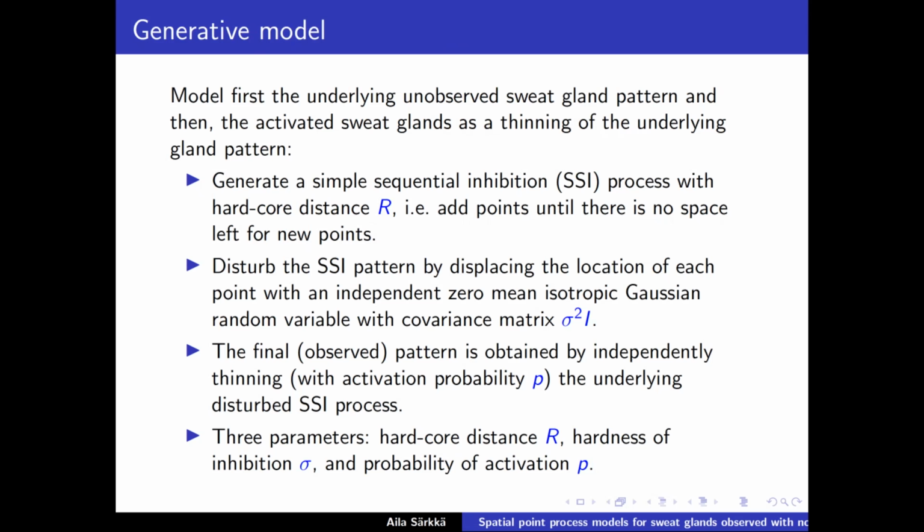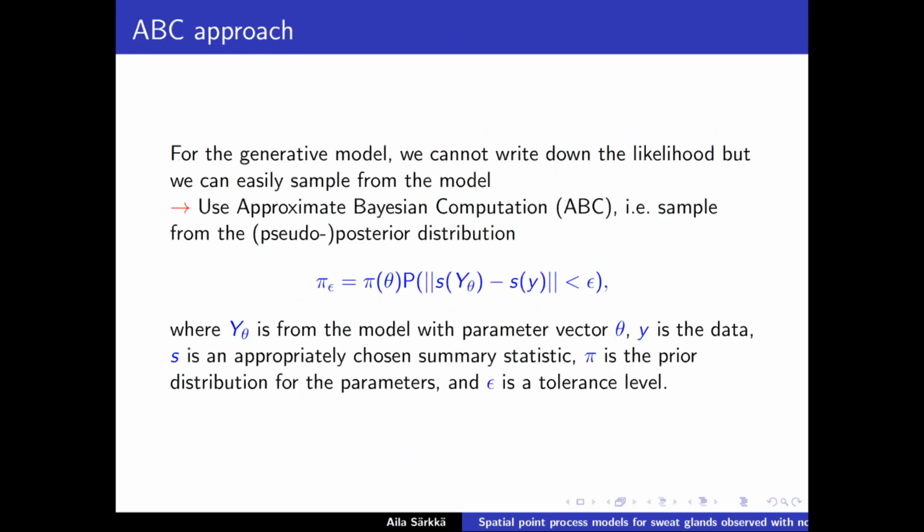Now I go to Philip's toolbox again. We use approximate Bayesian computation here, and I'll say a little more about the method in case somebody doesn't know it. If you have a likelihood, you can use either the traditional maximum likelihood method or likelihood-based Bayesian inference.